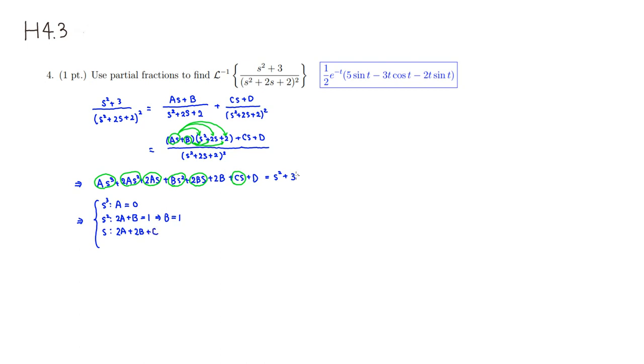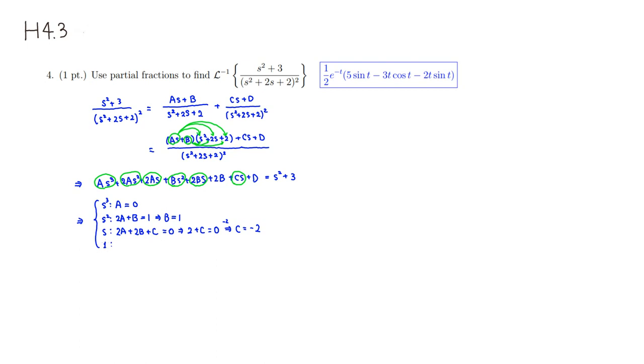There is no s term on the right, so we make that equal to 0. But remember a is 0 and b is 1, so 2b is 2, plus c equals 0. By subtracting 2, we know that c is equal to -2.